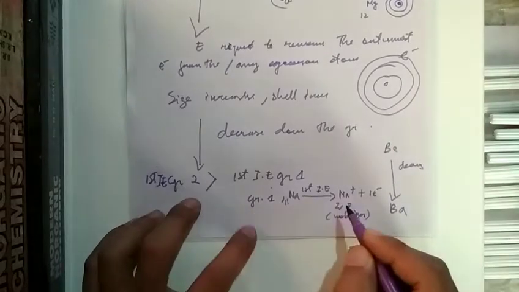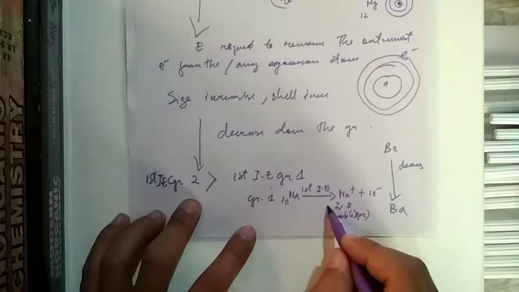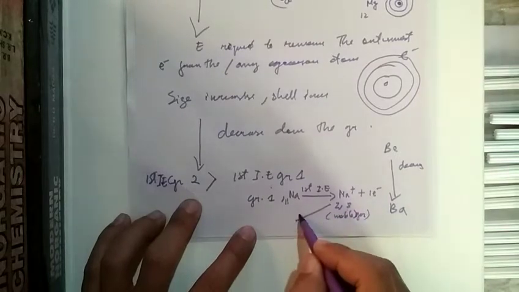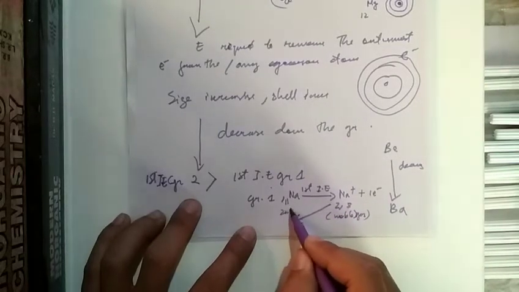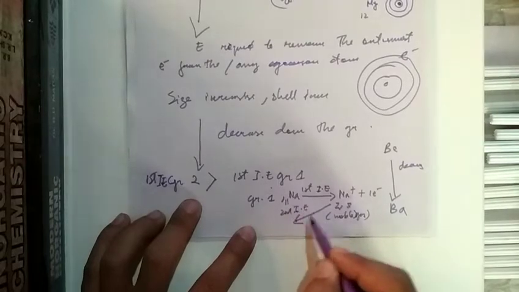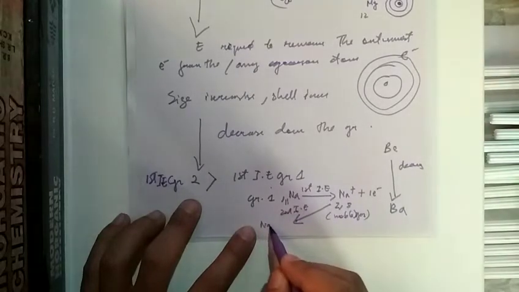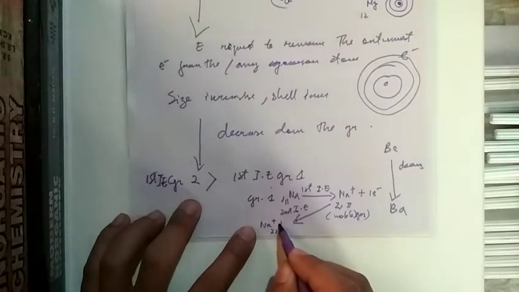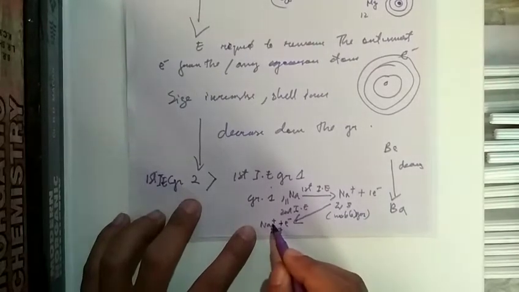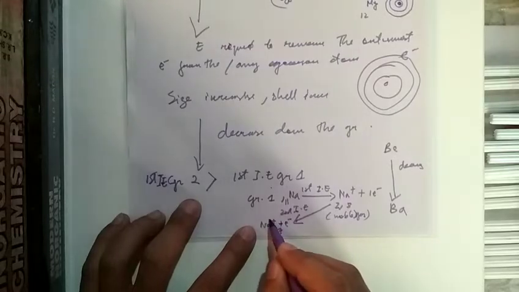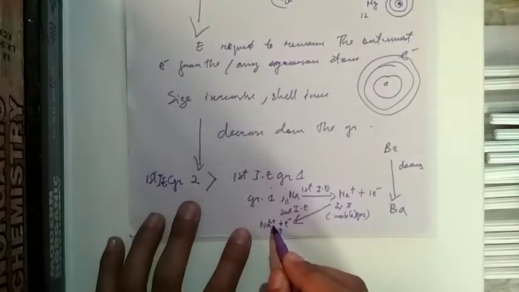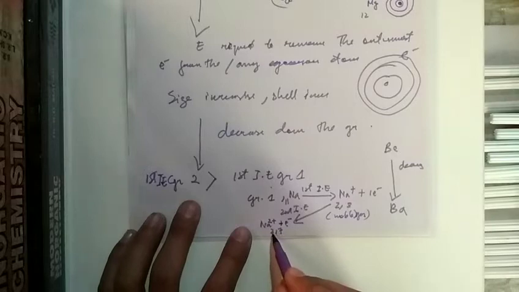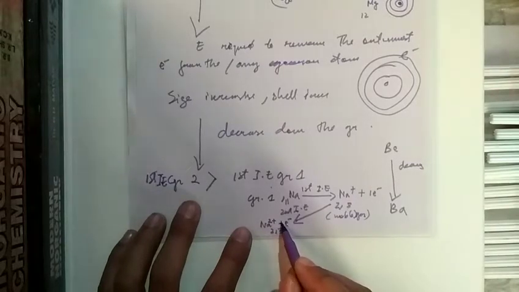Then for the second ionization enthalpy, it will lose another electron and become 2 7, so it becomes Na2+.